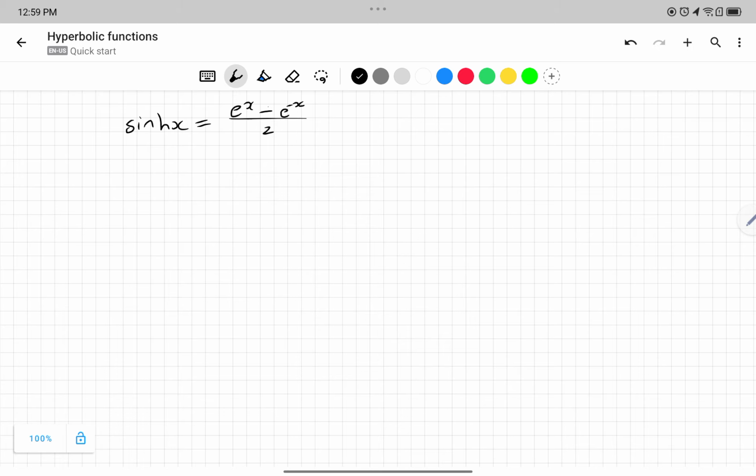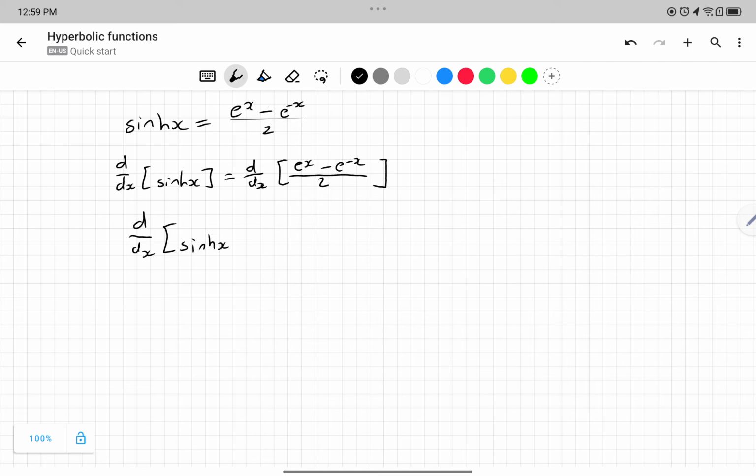If we were to differentiate this with respect to x, before I give you the final derivative, what do you think we should do on top?